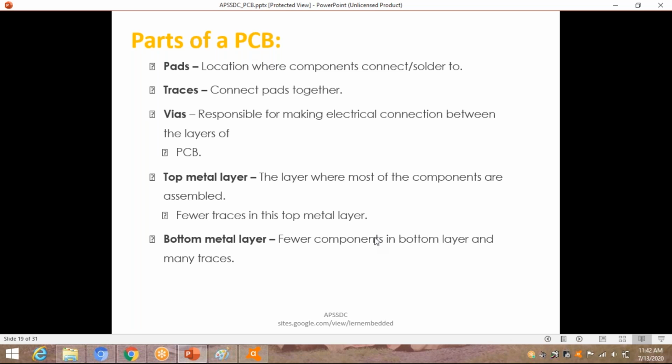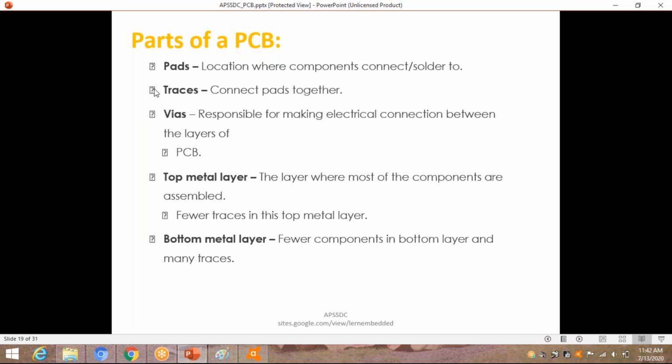It is clearly mentioned here: the layer where most of the components are assembled. Fewer traces in the top metal layer.